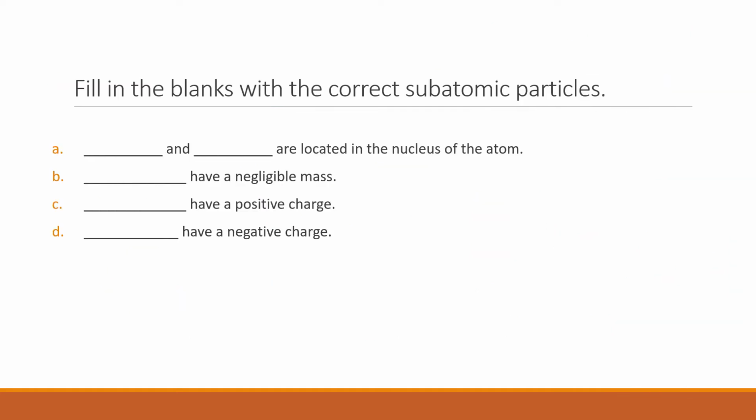Let's fill in these blanks. Dash and dash are located in the nucleus of an atom. We learned that inside the nucleus of an atom we have two kinds of particles, and these two kinds of particles are protons and neutrons.